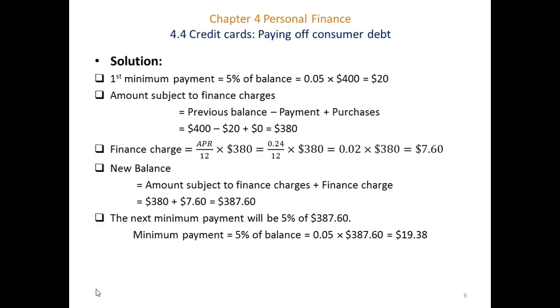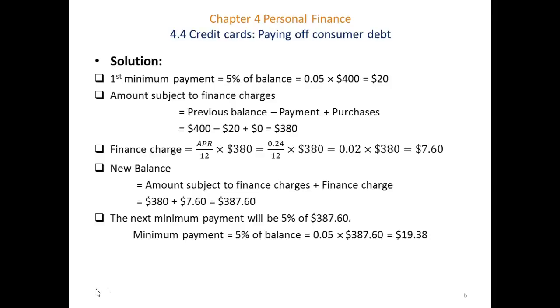The finance charge is APR divided by 12 times $380, which is 0.24 divided by 12 times $380, equal to 0.02 times 380, which is $7.60. The new balance is the amount subject to finance charges plus the finance charge, $380 plus $7.60, equal to $387.60.